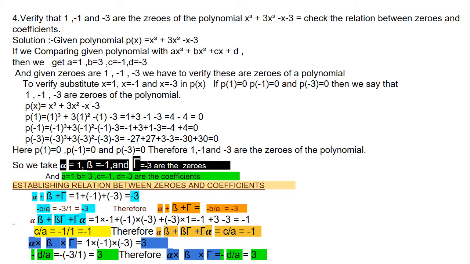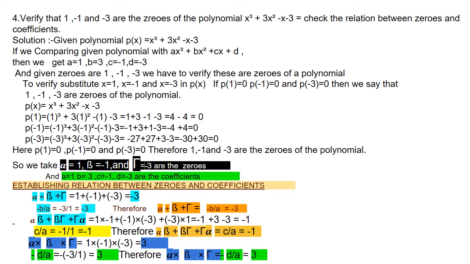C is the x coefficient. What is a here? The x cube coefficient. So c by a is equal to minus 1 by 1 is equal to minus 1. Therefore alpha into beta plus beta into gamma plus gamma into alpha is equal to c by a, which is also minus 1.